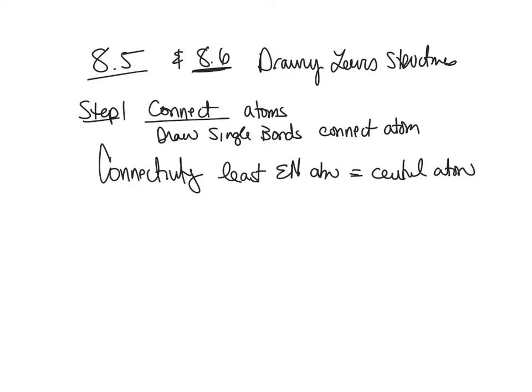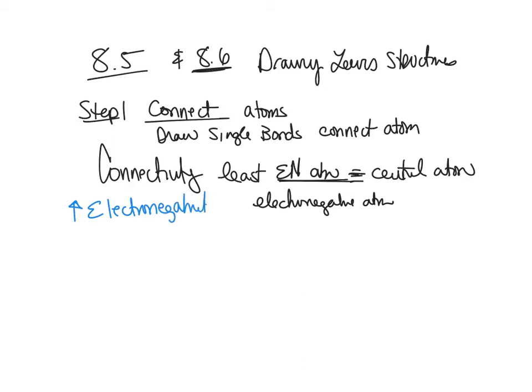I might help you out with identifying the central atom on some of these, but it is the least electronegative atom. So let's just show that trend. That's my most important trend: increasing electronegativity, and we'll talk about that.